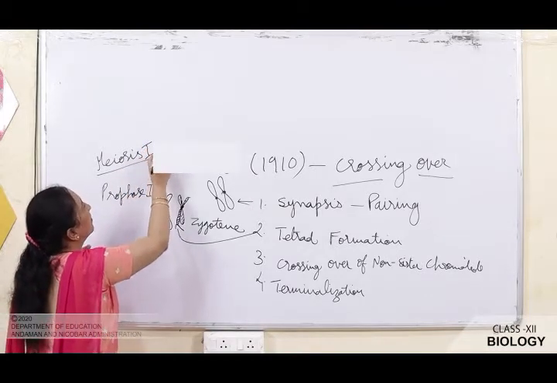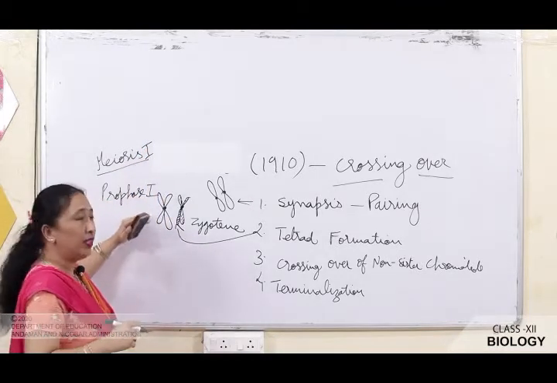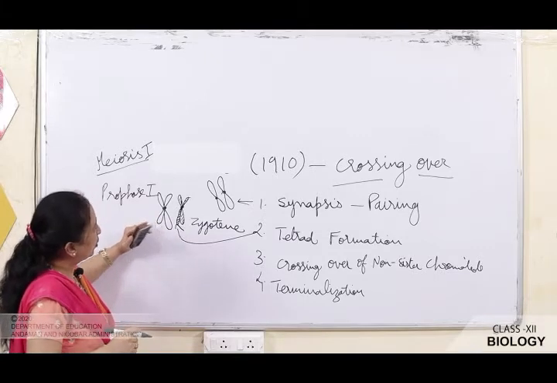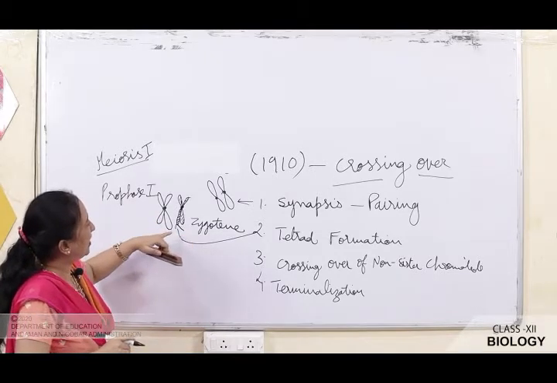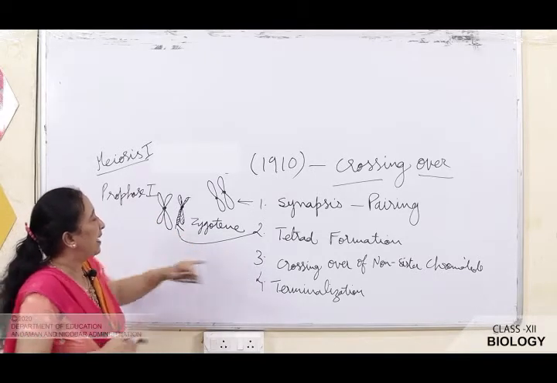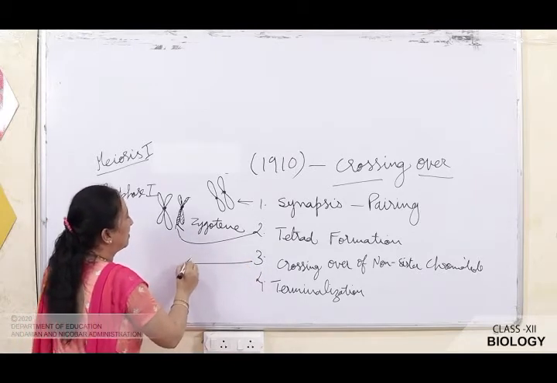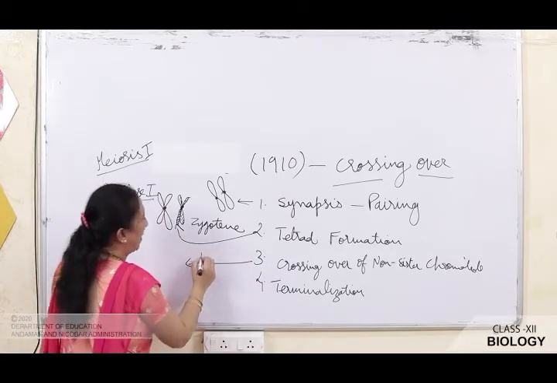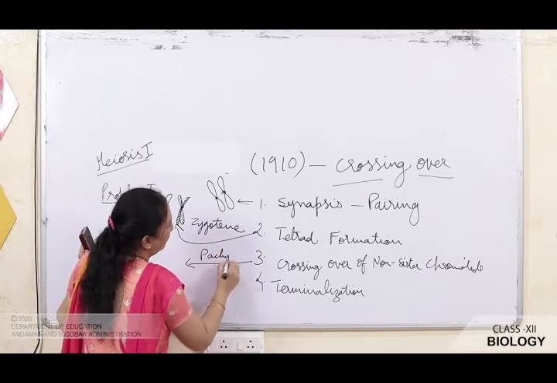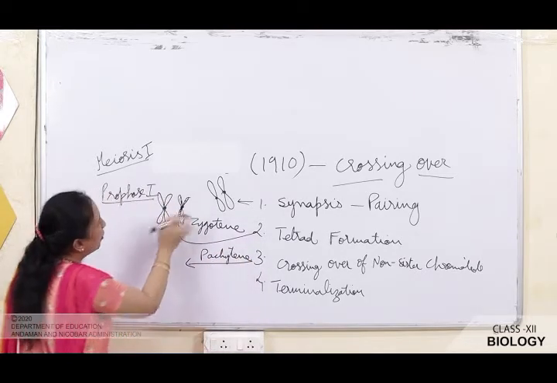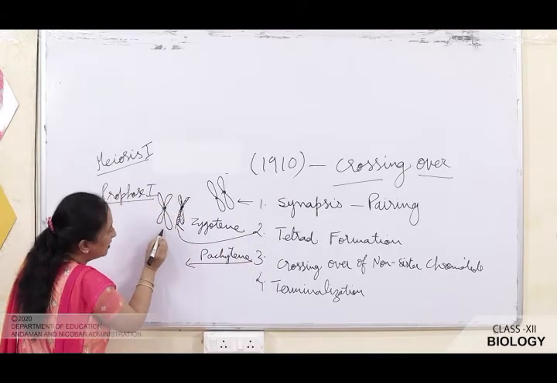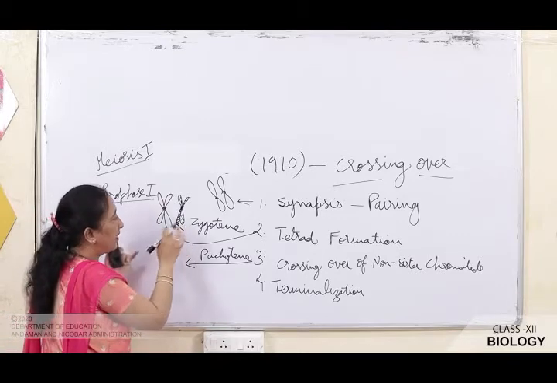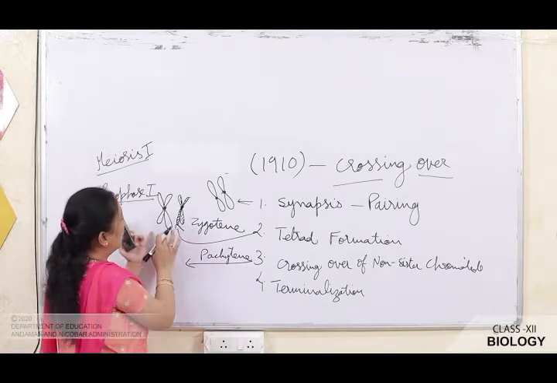Meiosis 1, prophase 1, we know, is divided into 5 substages, of which in the zygotene stage the tetrad is formed. Next, in the pachytene stage of prophase 1, crossing over takes place. This is one sister chromatid, this is another sister chromatid, these 2 are sister chromatids, and this is one homologous chromosome.